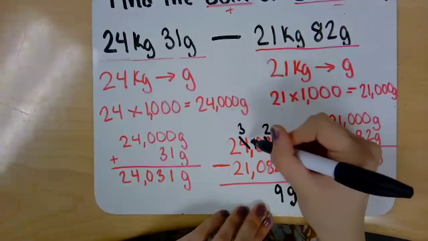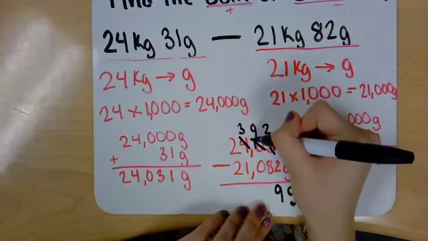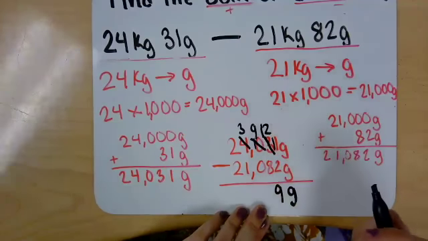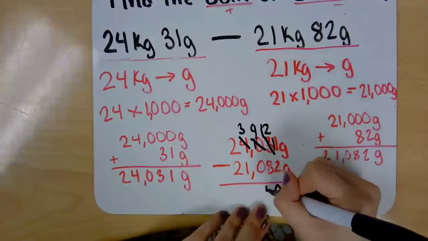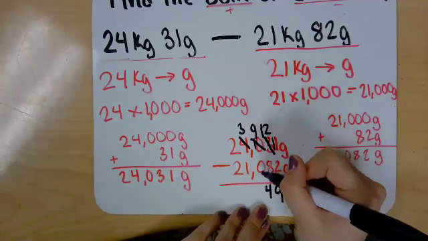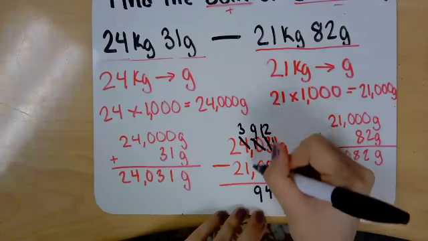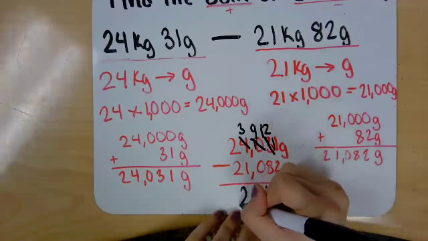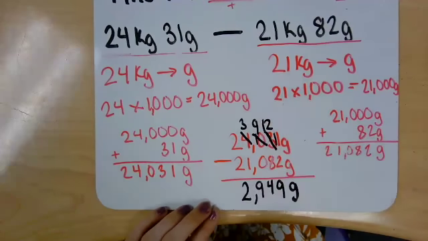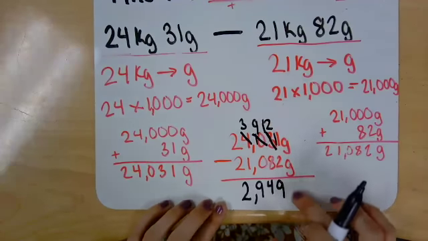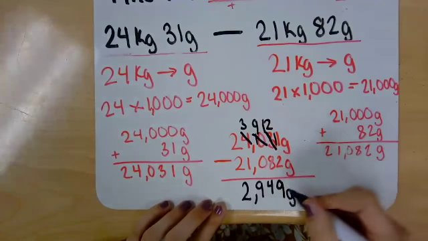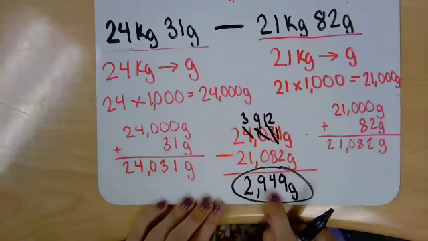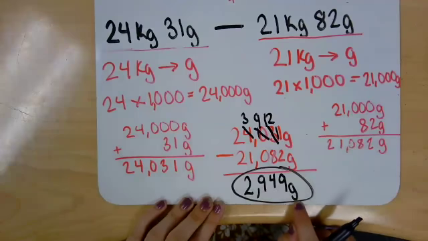Okay, now we can take 1 from the 10, make it a 9. And finally, we have 12 minus 8 equals 4. 9 minus 0 equals 9. Bring down our comma. 3 minus 1 equals 2. And 2 minus 2 is nothing. So we are left with 2,949 grams.